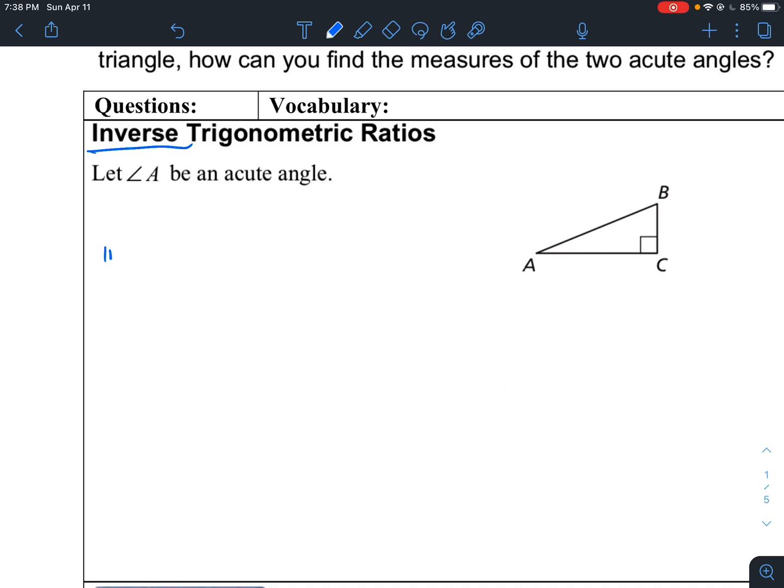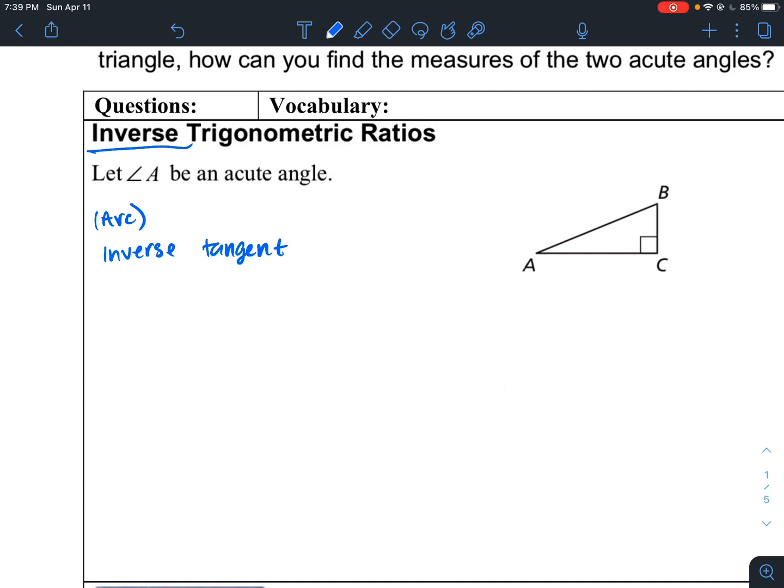I'm also going to write above it arctangent or inverse tangent. You can hear this interchangeably as kind of the same thing. I like to use arctangent in this case, because there is an inverse tangent ratio, so I don't like to get them confused.